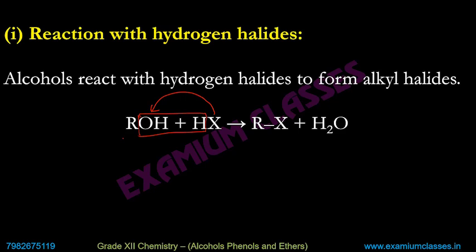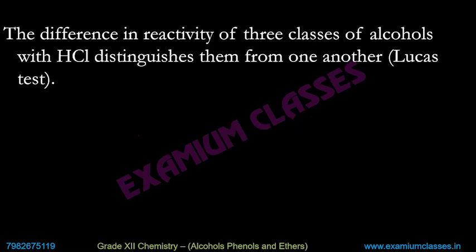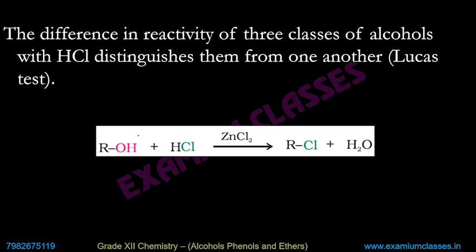And this is the preparation method we have talked about in the previous chapter, the 10th chapter, preparation of haloalkanes. This was the reaction, if you remember, for the preparation of haloalkanes, that R-OH reacted with HCl and you got RCl.